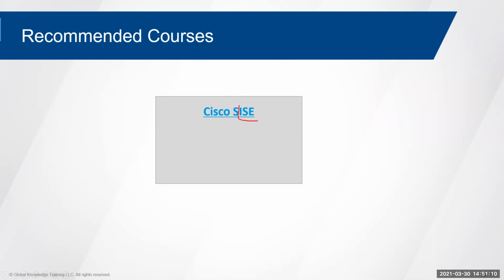The whole class is focused around the Identity Services Engine and is very much hands-on, covering all the details we've done here, but in a full five-day format, whereas here we're doing the 45-minute format. For those seeking formal training on that, this is the official Cisco class.